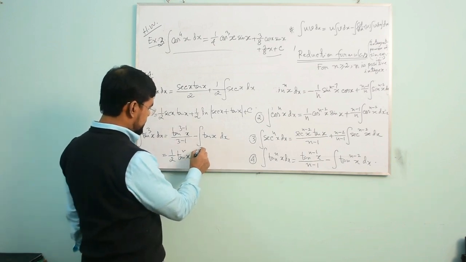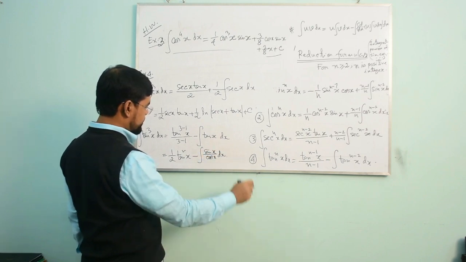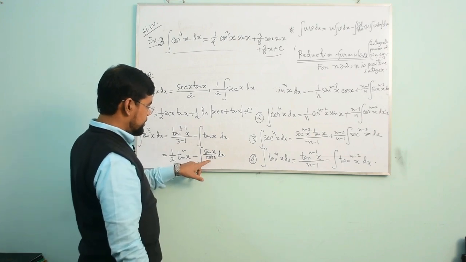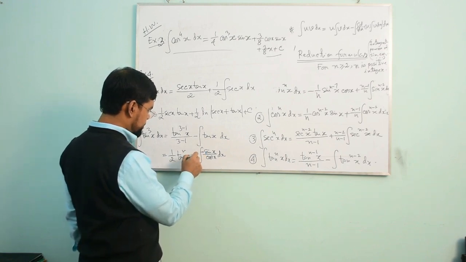Integration of tan x equals integration of sin x by cos x dx, and the derivative of cos x equals minus sin x. So we can put a minus sign here, and let me make it plus.